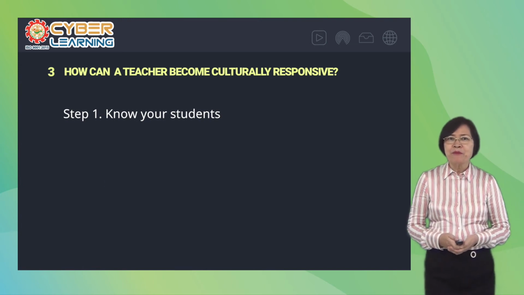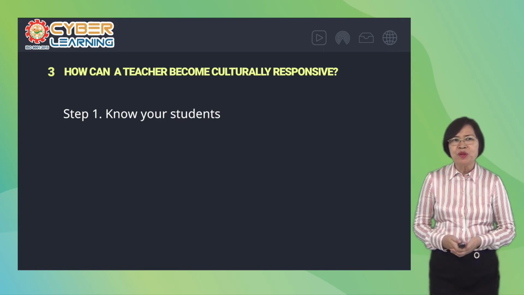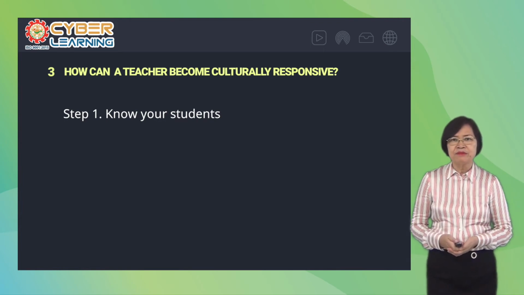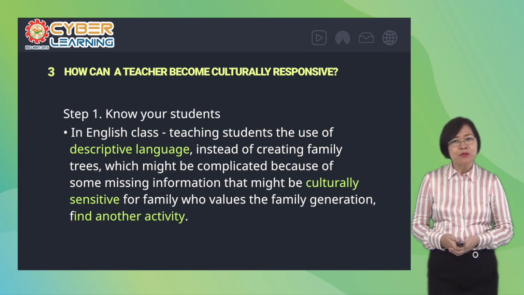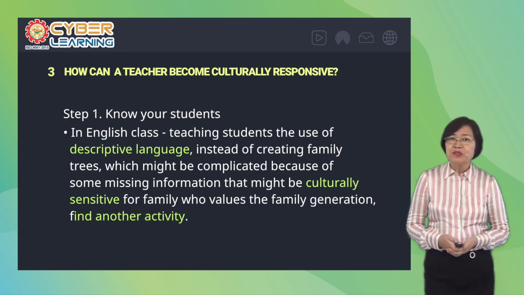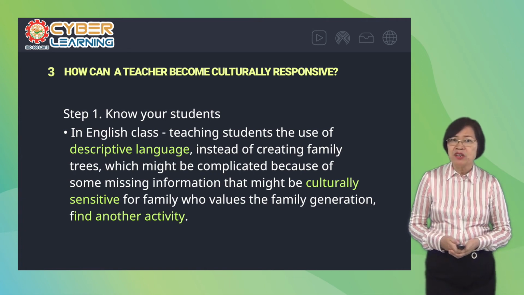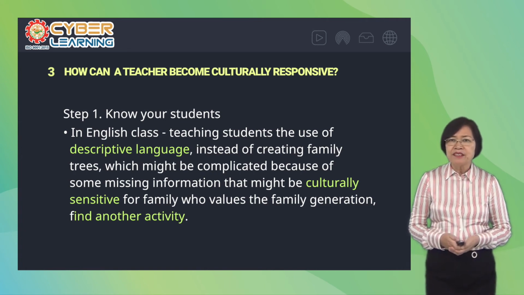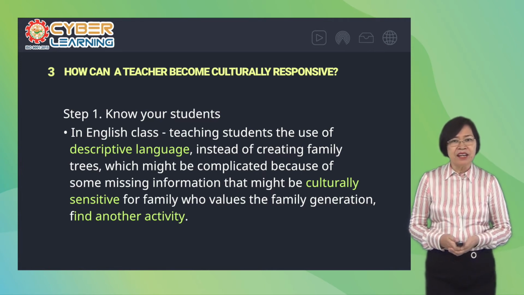Knowing your students prompts you to avoid class activities that are culturally insensitive. For instance, in an English class, teaching students the use of descriptive language, instead of creating family trees, which might be complicated because of some missing information that might be culturally sensitive for a family who values the family generation, find another activity.